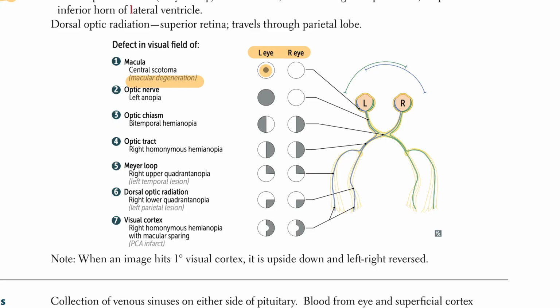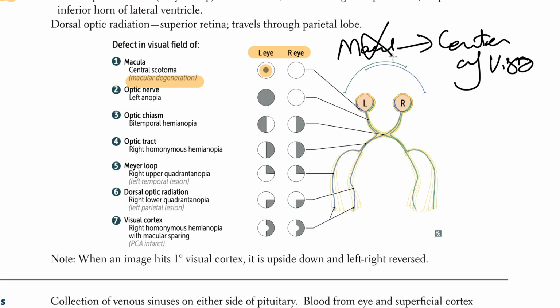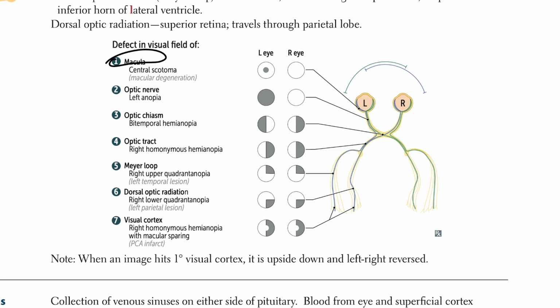Let me just write it down. The macula is the center of vision. If you knock out the macula, your central vision is going to be knocked out. So here, with just one point in the center being knocked out, you can say, okay, a macular problem is called central scotoma, which is the macular degeneration.